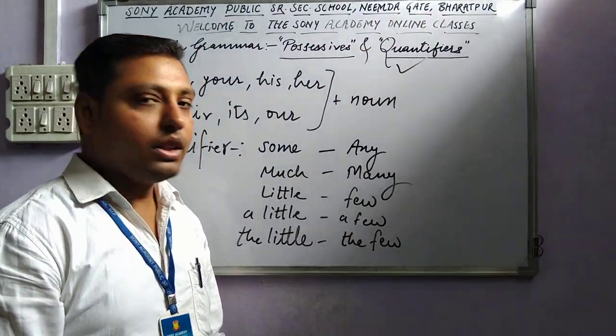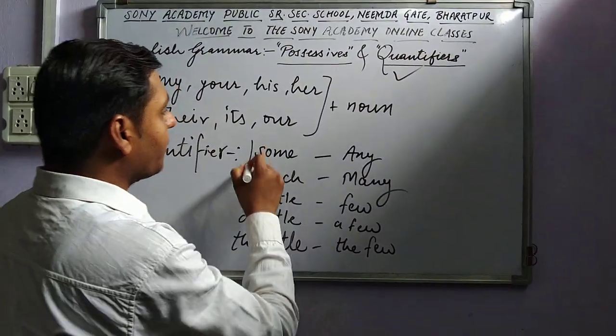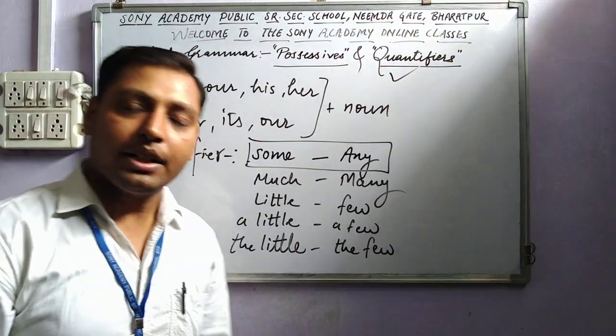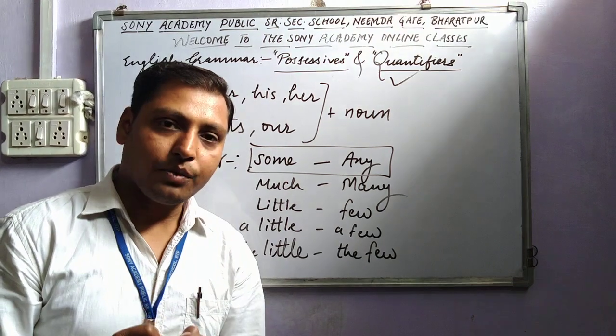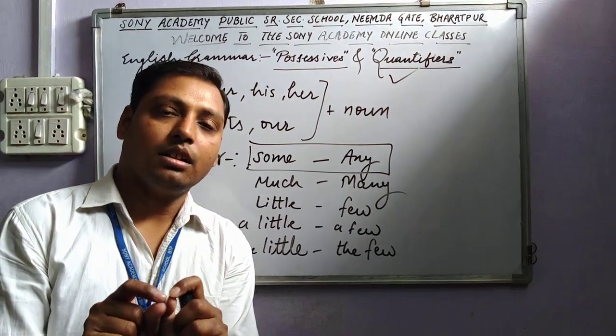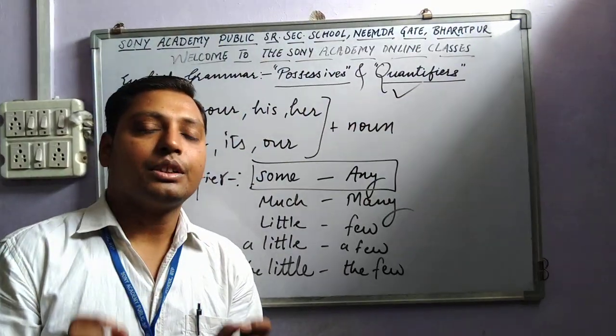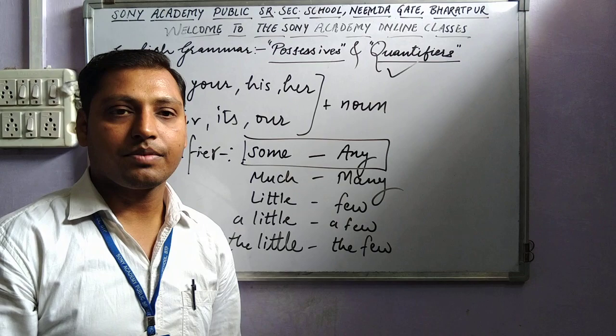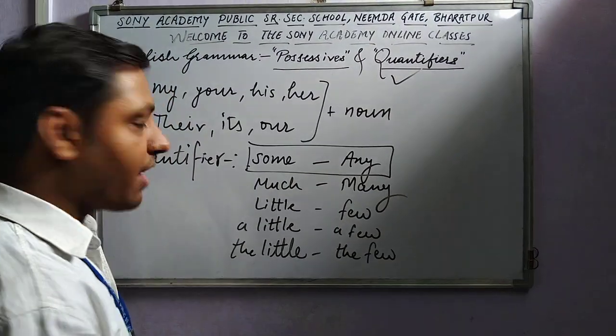Now let's talk about the first area, some and any. First of all, I would like to tell you the basic similarity of them. Then I'll tell you the basic differences along with examples. So let's get started with it.